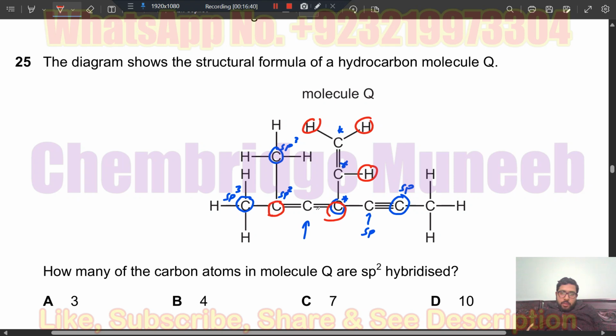As a result, it is not sp2, instead it is sp hybridized. So the only sp2 hybridized carbons are these ones, 1, 2, 3, and 4. Only these 4 are sp2 hybridized. So the right option becomes B.